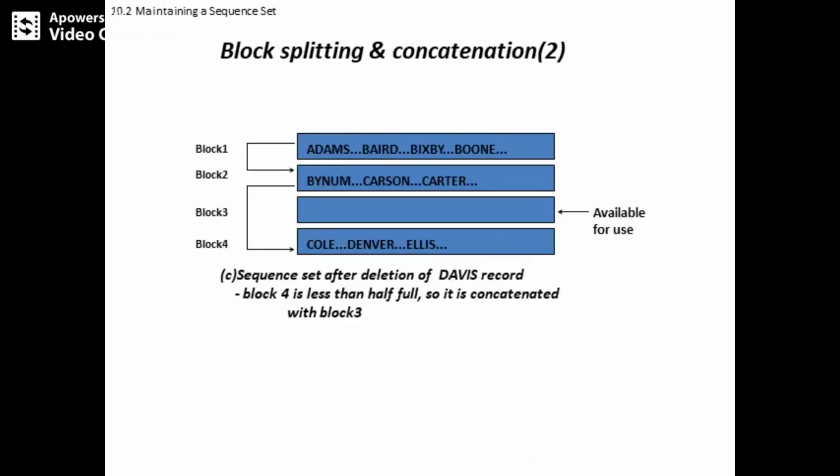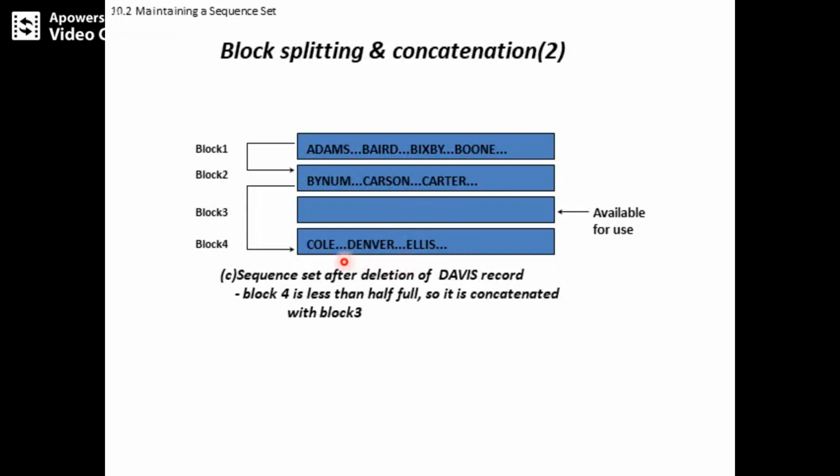Now this is one more case, when you want to delete the record Davis from the previous section. What will happen when you delete the record Davis? Then either you can go for merging, or you can go for redistribution. Now here what I have done is I have merged the cells. When I delete Davis, the block 3 contents I have copied to block 4. So here you can see block 4 is now carrying block 3's contents, Denver and Ellis.